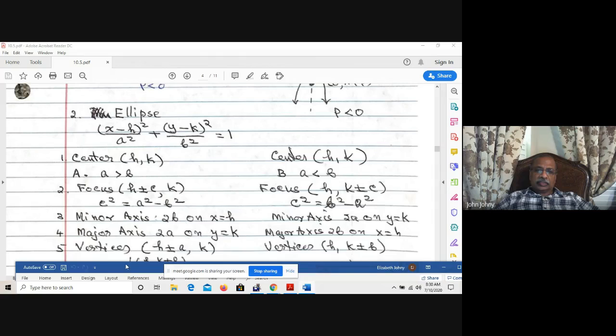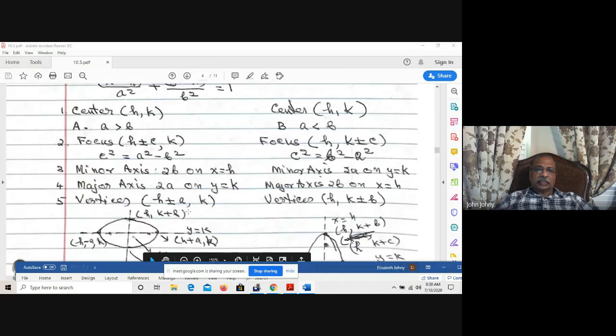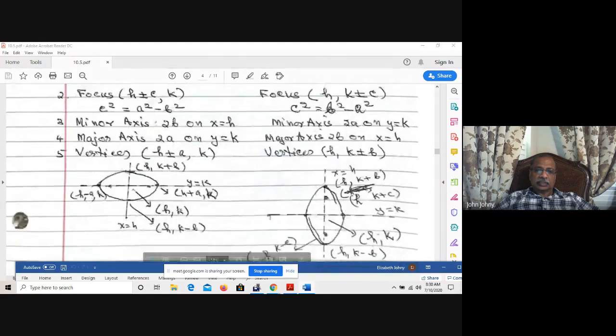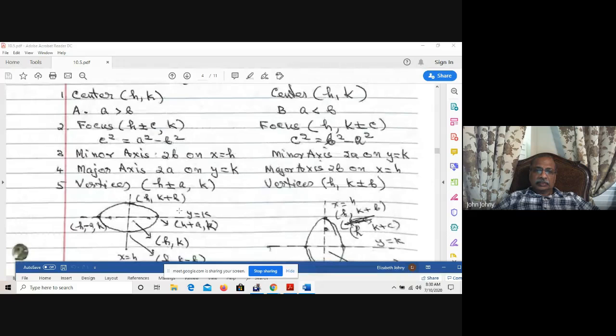And the vertices are h plus or minus a, k. For the foci, it's not written here, that is h plus or minus c, k.